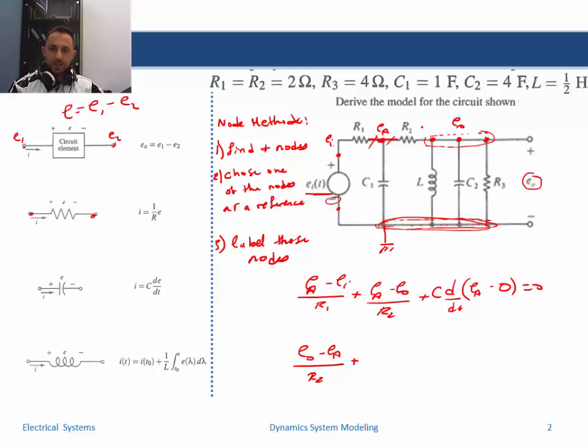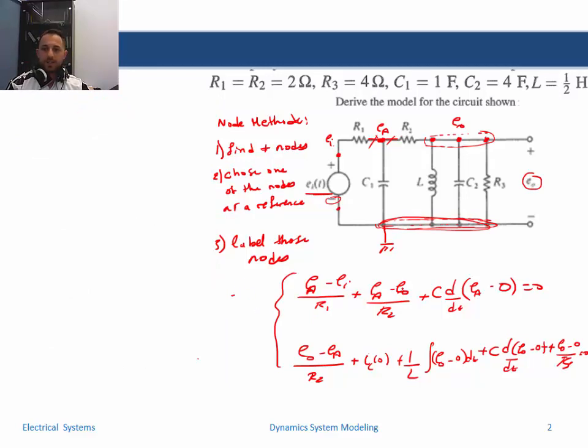So E0 minus EA over R2, E0 minus 0 governing this equation, which is IL0, plus 1 over L integral of the voltage E0 minus 0 dt. So E0 minus 0. The capacitance, it is C dE/dt plus C d(E0 minus 0)/dt. Resistor, it is E0 minus 0 over R.